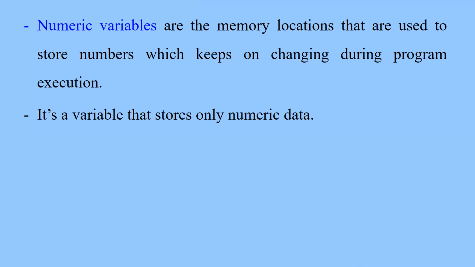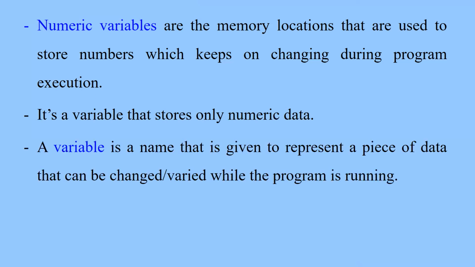A memory location that stores only numeric data, only numbers, but those numbers are not the same throughout the program. A variable, therefore, is a name that is given to represent a piece of data that can be changed or varied while the program is running.